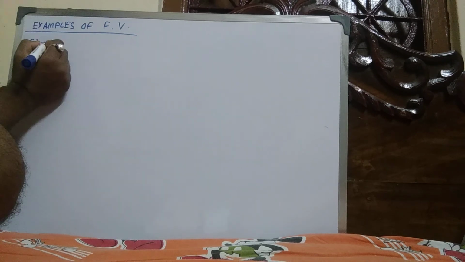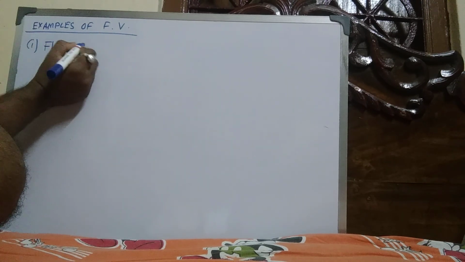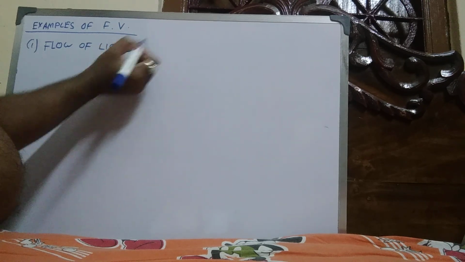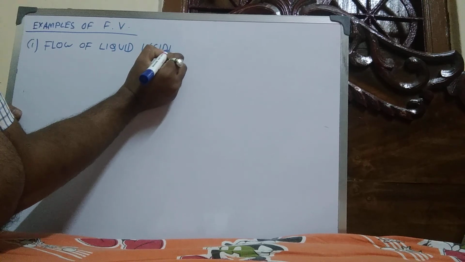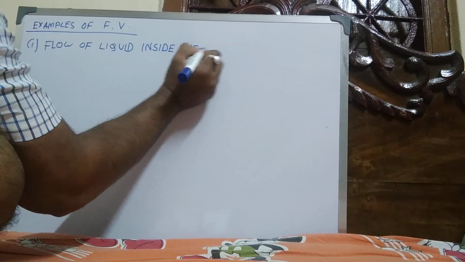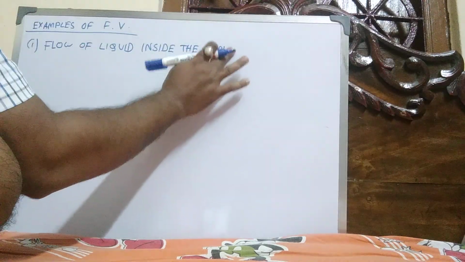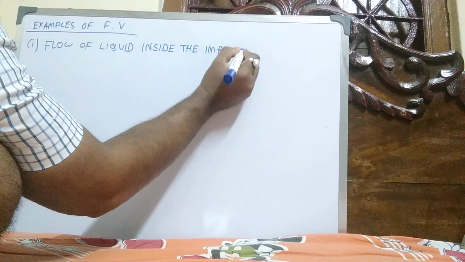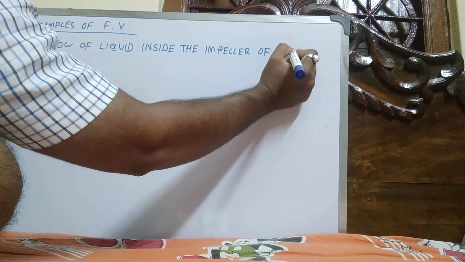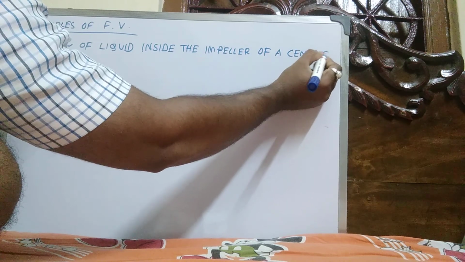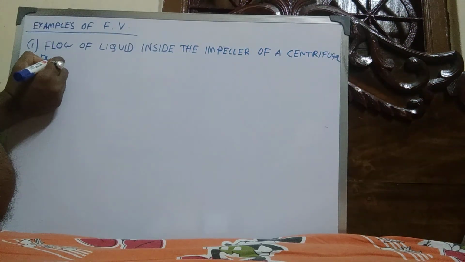Now examples of forced vortex flow. Number one, flow of liquid inside the impeller of a centrifugal pump.